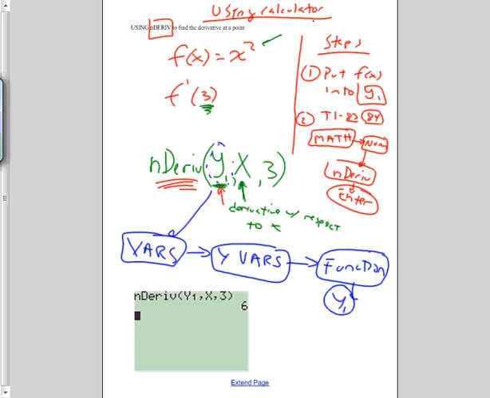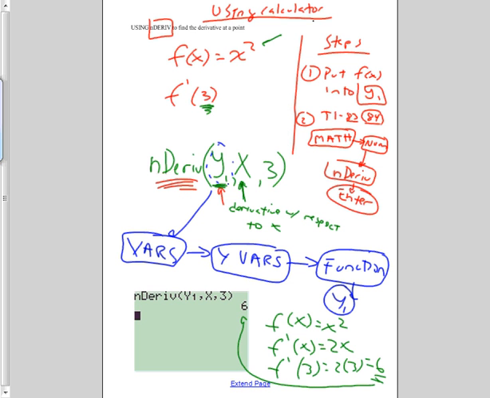For those of you who remember what we were doing in the past couple of days, this should come as no surprise, because given the function f of x equals x squared, we showed in the past video that the derivative function would be 2x. So if we're looking at the derivative when x equals 3, it would be 2 times 3, which is 6.